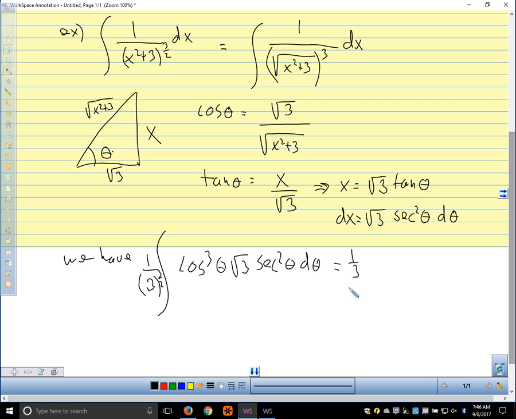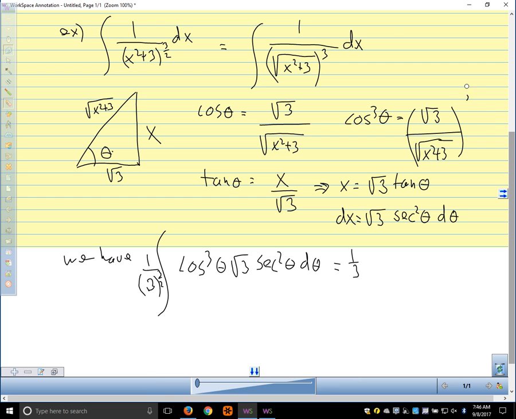Can you explain again why you do the 1 over 3 to the 3 halves out? Because I'm saying that I have the integral of cosine to the third, but cosine to the third would be this quantity. I'll write it out here: equals root 3 over square root of x squared plus 3, to the 3 halves, or to the third.